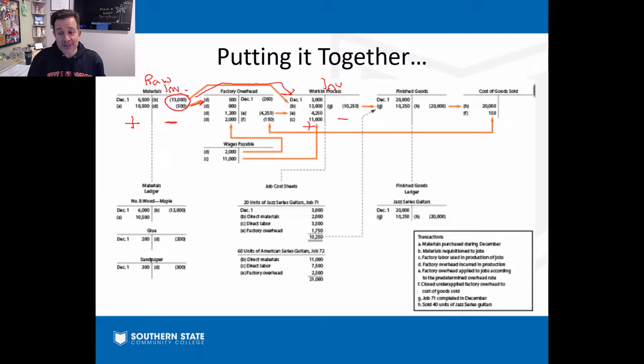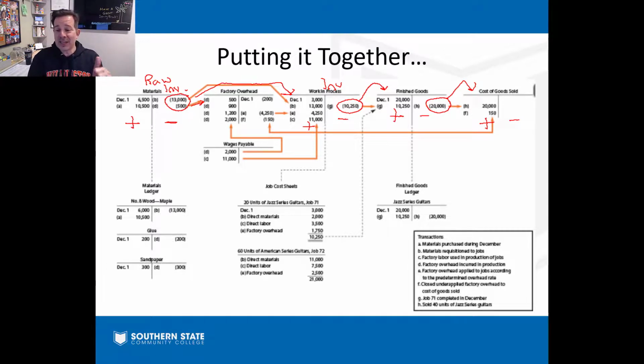When the product is done, it moves out of work in process into finished goods inventory. And then when it's sold, it moves out of finished goods inventory into cost of goods sold. So that's the flow of cost all the way through the accounting system, from materials to work in process to finished goods to cost of goods sold after it's sold.